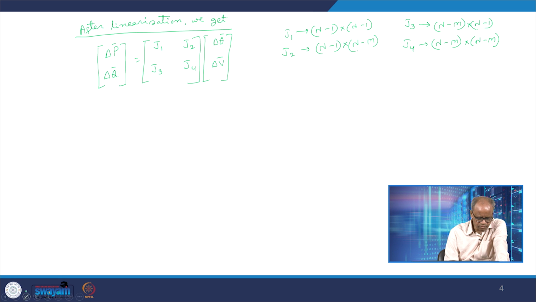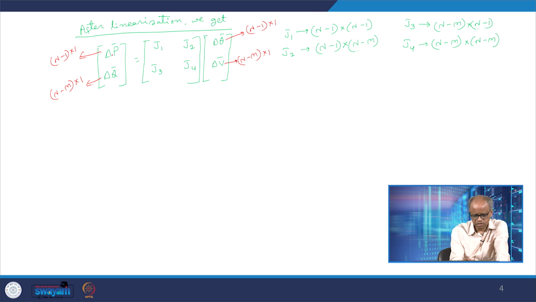This is easy to interpret, or rather remember: delta P is n minus 1 cross 1, delta Q is n minus m cross 1, delta theta is n minus 1 cross 1, and delta V is n minus m cross 1.